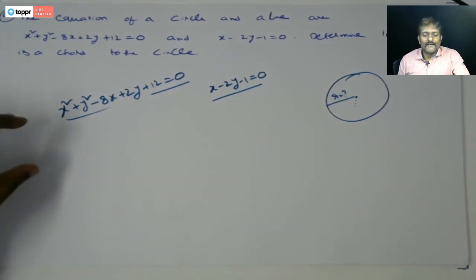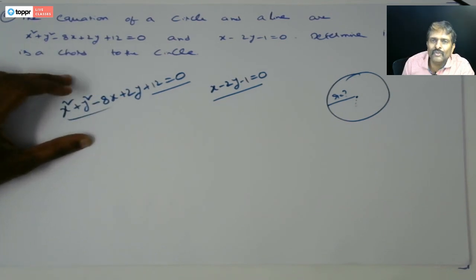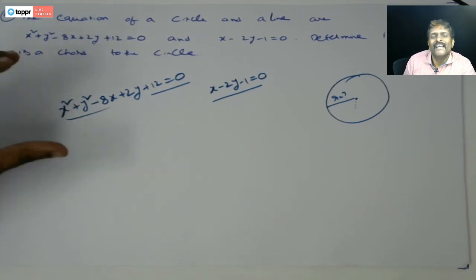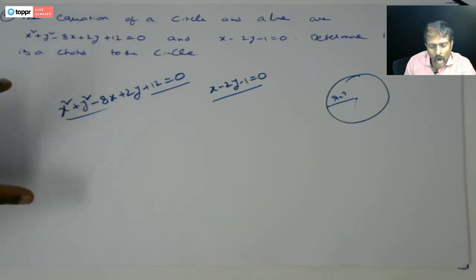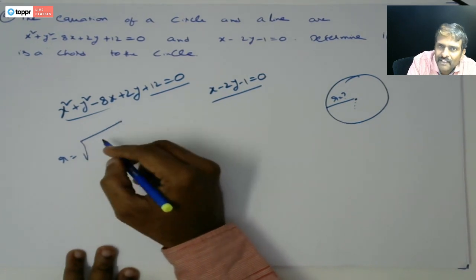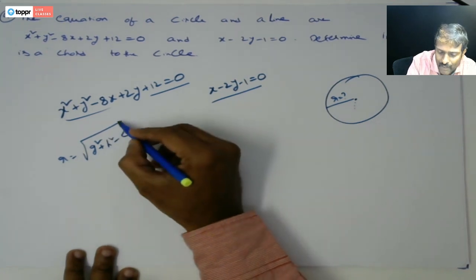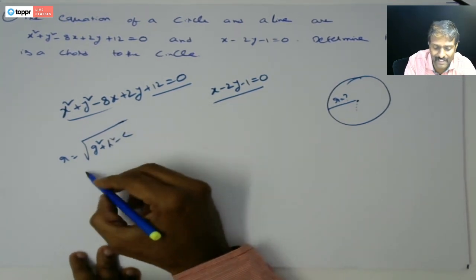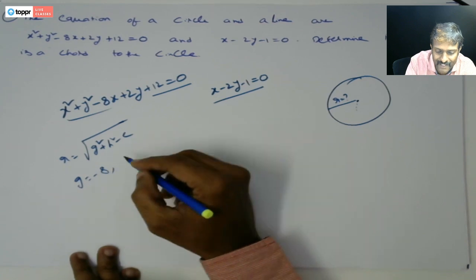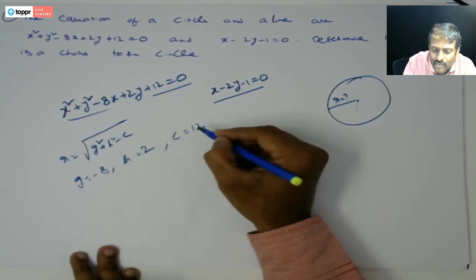So for that, first, we can convert this into the general form of the equation, or you can also use a formula which we have learned, right? What is the radius formula? Do you remember? Which is nothing but the square root of g square plus h square minus c. I'm sure you might remember it. Here the value of g is minus 8, h is 2, and c is 12.